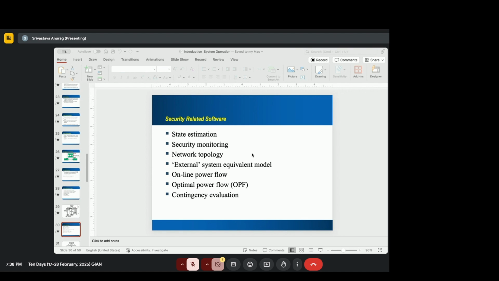So it is indirectly being considered. It doesn't matter how a line or generation goes out. If it is in the list that we are already prepared with the if-and-then analysis, it will not cause a problem.